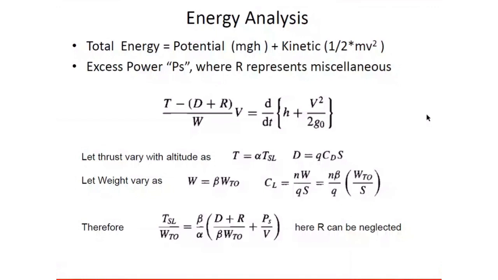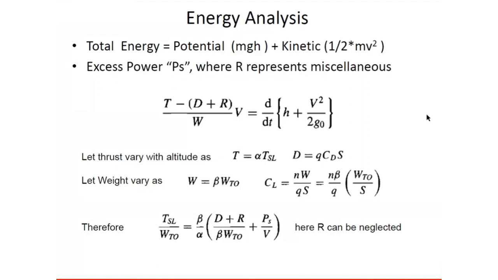Now the excess power PS. There is an R term here which you can ignore, that represents other miscellaneous things, but excess power is how much thrust you have over and above the drag which your aircraft is bound to have at that velocity. So look at T minus D, where D could include some other miscellaneous drag elements which may or may not be there all the time.